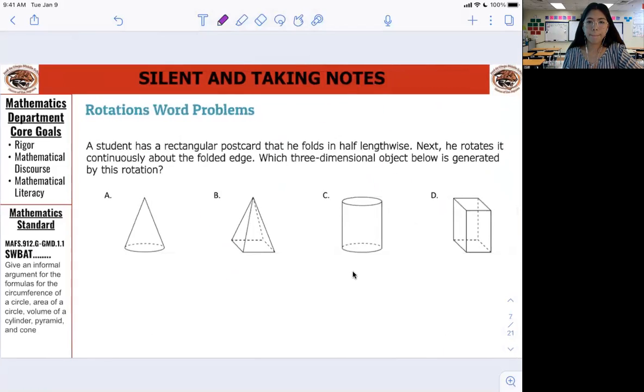Okay. All right, here's another. We got the poll going. Okay, go ahead. A student has a rectangular postcard which he folds in half lengthwise. Next, he rotates it continuously about the folded edge. Which three-dimensional object below is generated by his rotation?